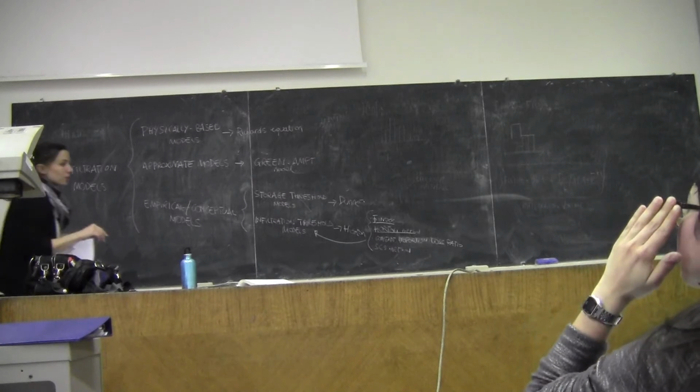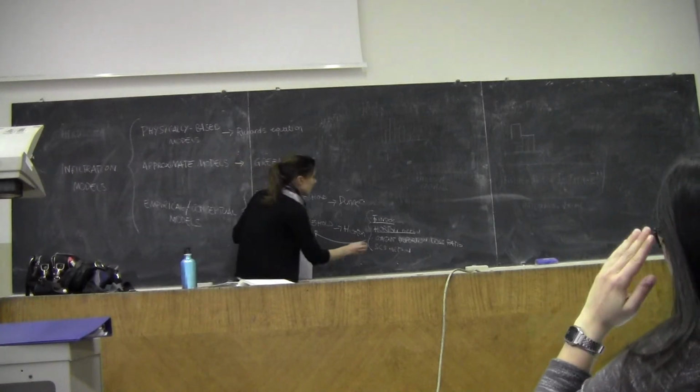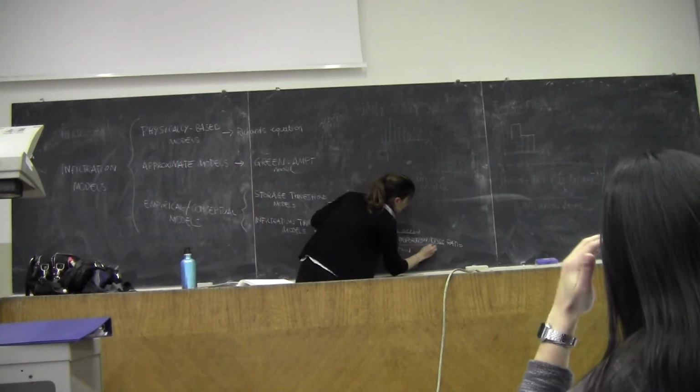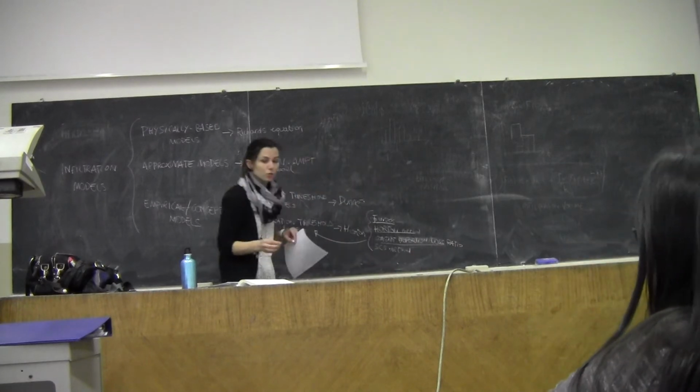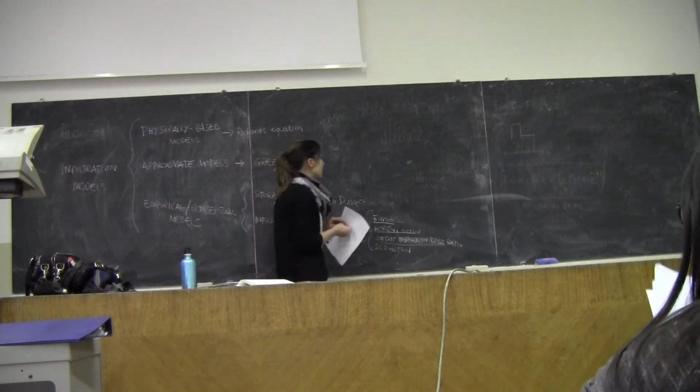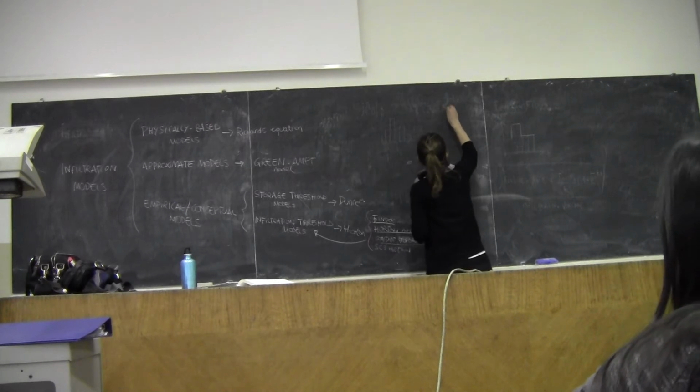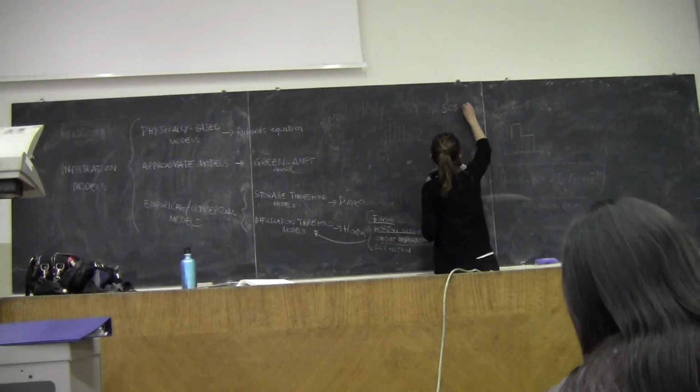I explained the first three methods: the phi index, the Horton method, and the constant proportional loss ratio. Now I'm going to explain the SCS method.